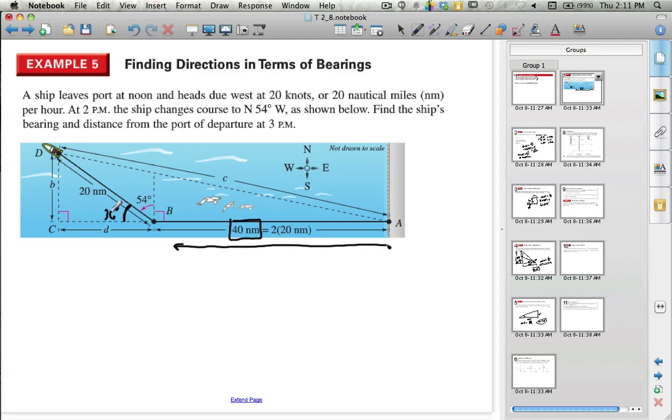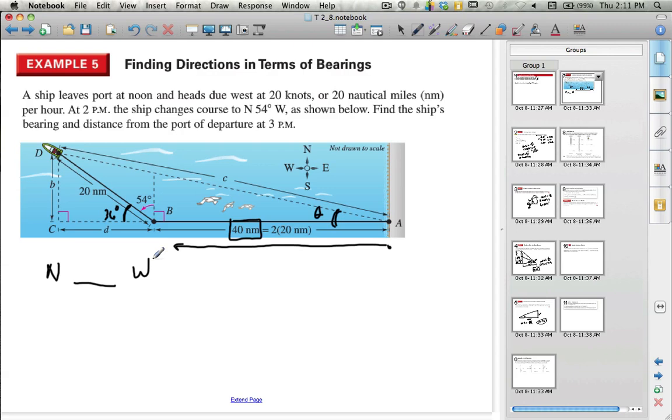And that's going to be 36 degrees. Find the ship's bearing and distance from the port of departure at 3, which means what we want to find is this angle here. And if we think about it, we know that the answer is going to be north, some amount of degrees west, when we find this.